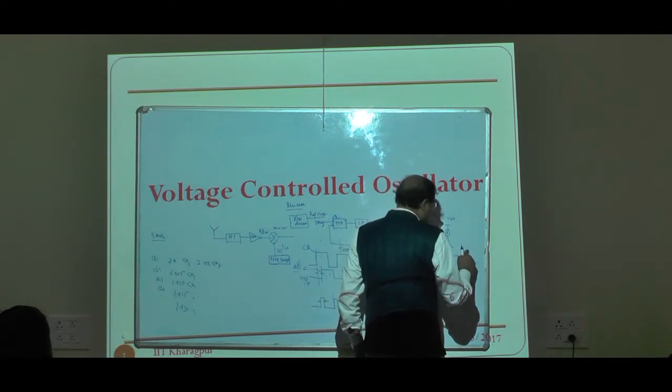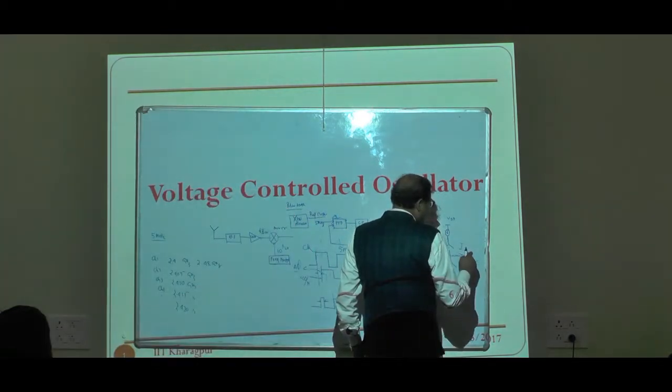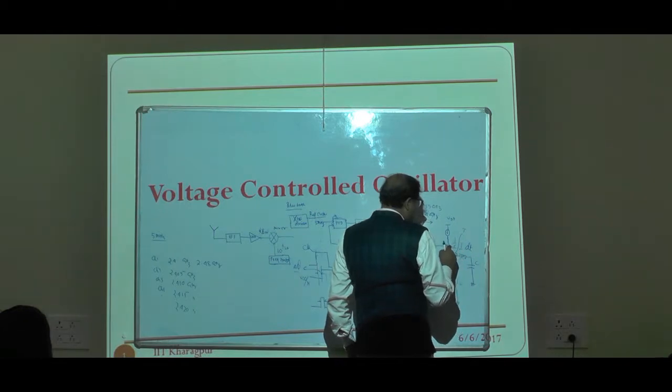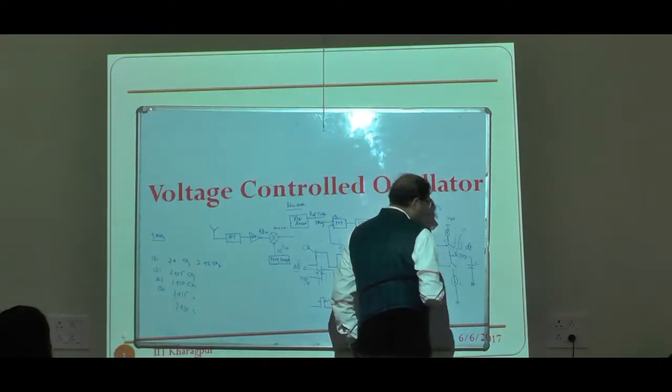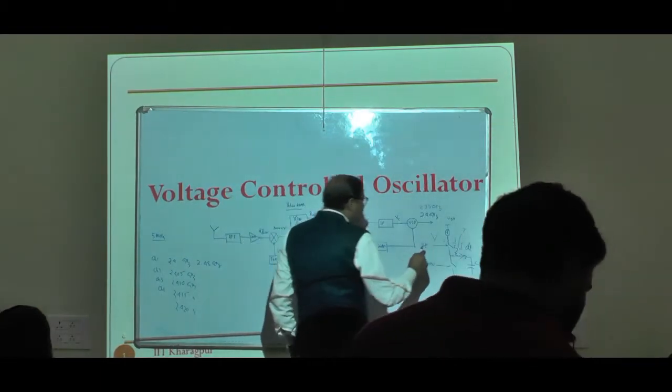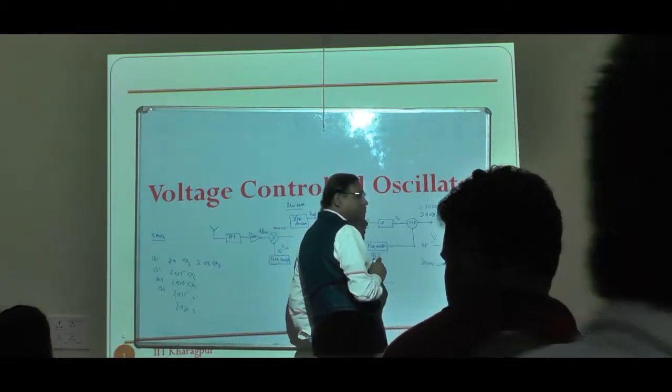Now if the capacitor current I is integrated over the time 0 to say t and then 1 by C, that gives you the V. Q by C equal to V. So that voltage is essentially my control voltage.